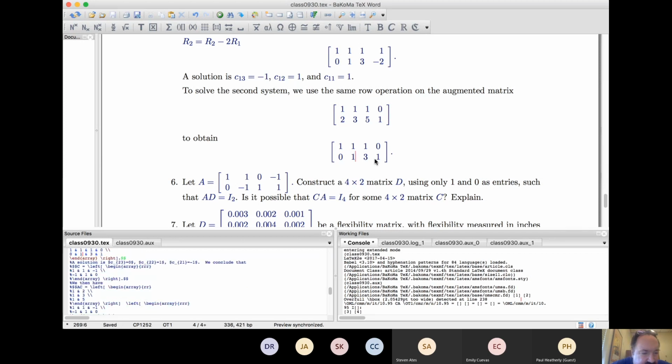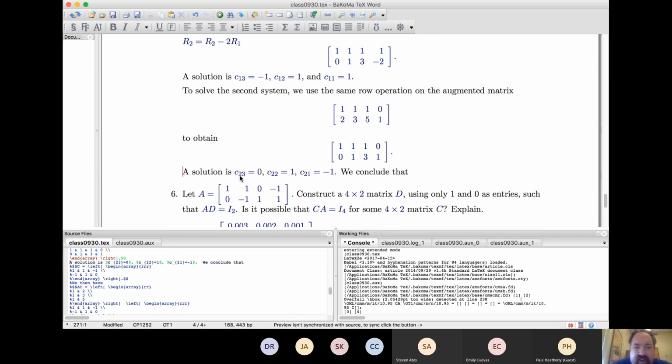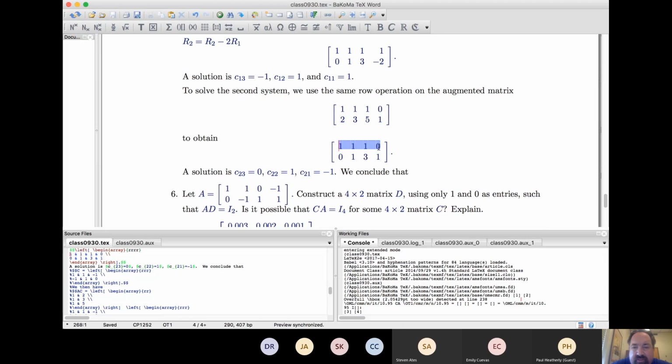In other words, I set C23 equal to 0 and C22 equal to 1, so that this equation is satisfied. And all of my unknowns have to sum to 0 in this case.